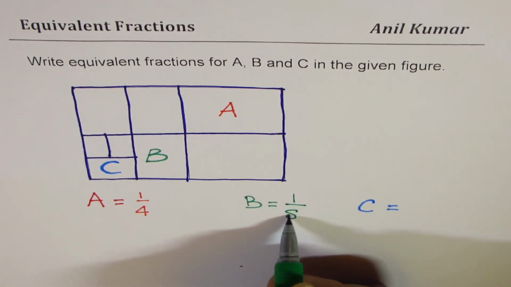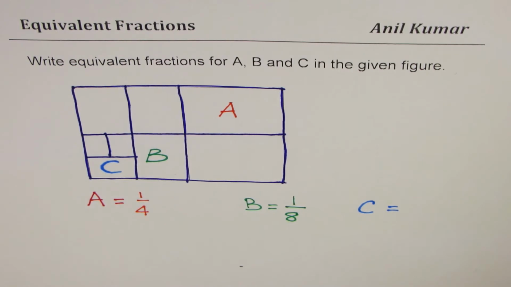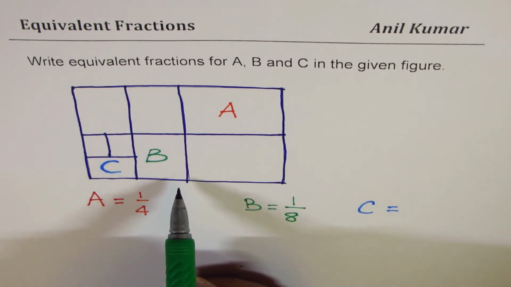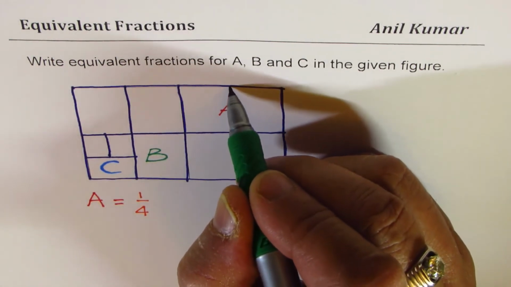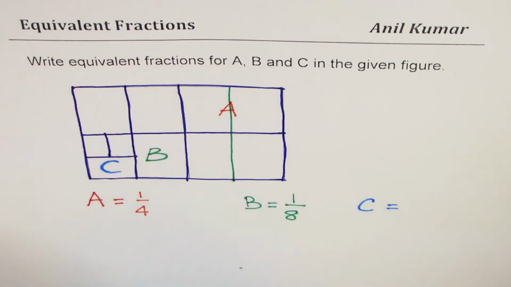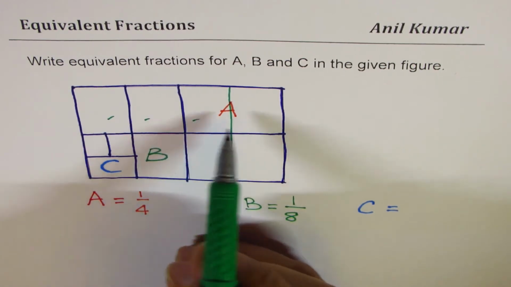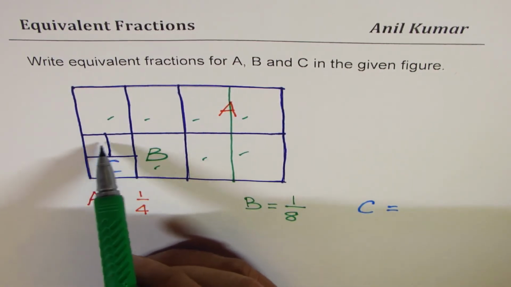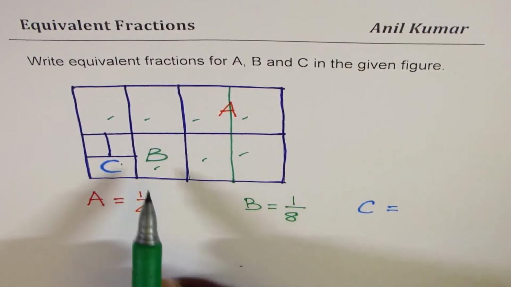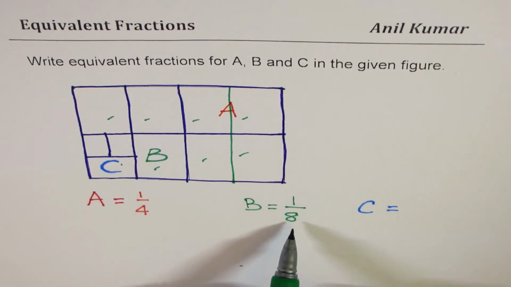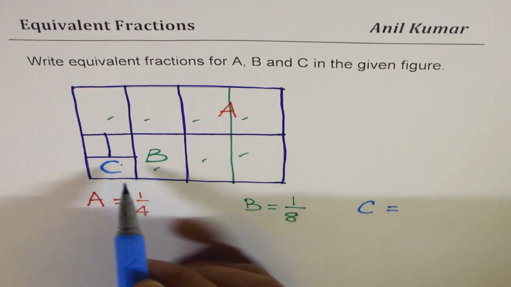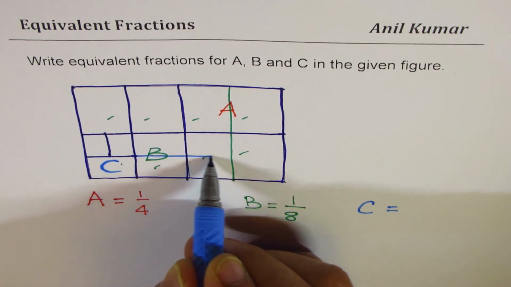1 out of 8. Now, how do you know that there are 8 such things? Well, we can divide and count. So let me divide it further. If I do like this, then you can see we have 1, 2, 3, 4, 5, 6, 7, and this whole 8. So B is 1 out of 8. Do you see that? That is how we get B. Now for C, I have to further divide these into halves like this.